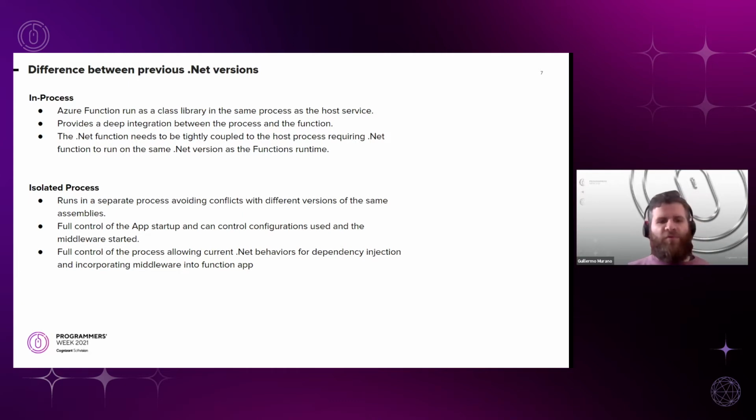You are going to have full control of the app startup and can control the configuration used and the middleware that you start. And you're going to have full control of the process, allowing the current .NET behaviors such as dependency injection or incorporating middlewares in the functions that wasn't allowed.